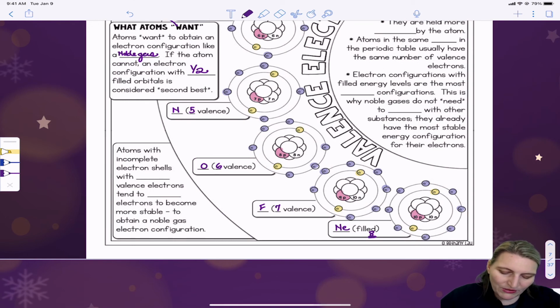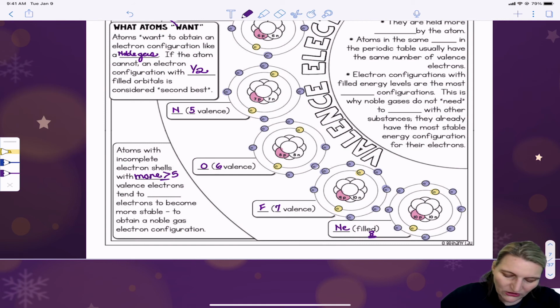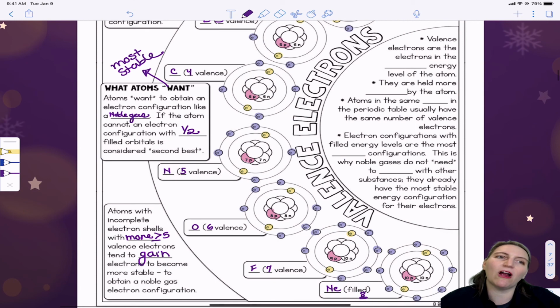Atoms with incomplete electron shells with, let's say, 5 or more valence electrons tend to gain electrons to be more stable. So nitrogen, oxygen, fluorine, those guys gain electrons to be stable. What about carbon in the middle? Carbon could sort of do either, but actually what it does is mostly it just shares electrons. It only covalently bonds.